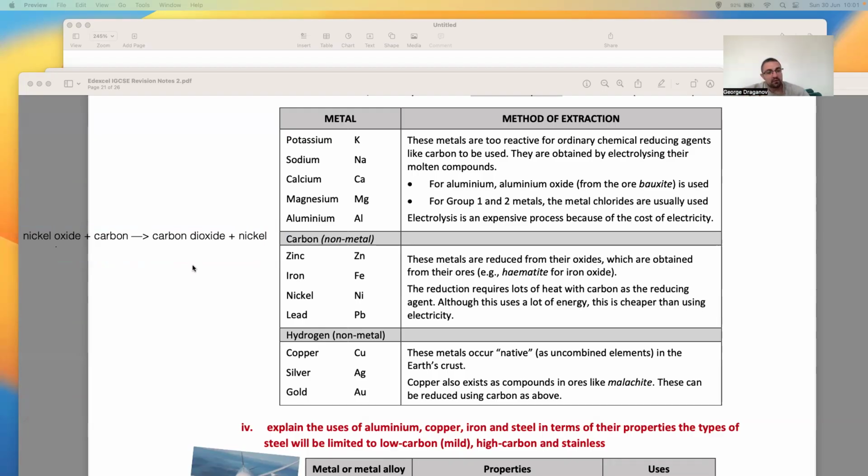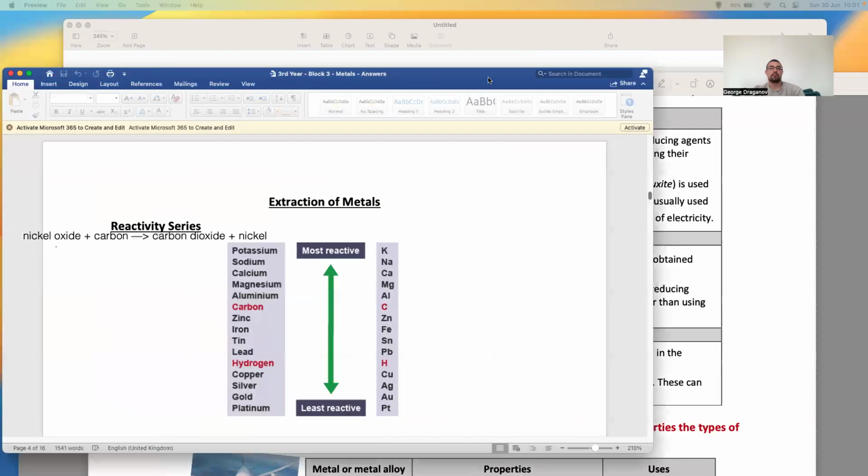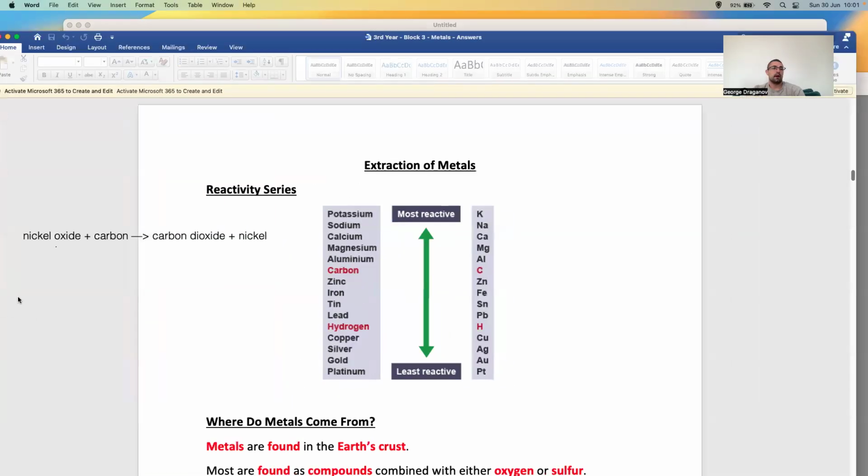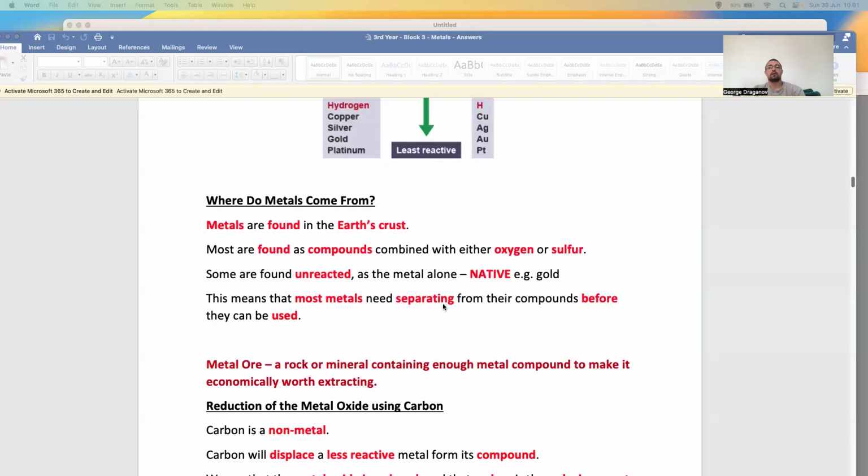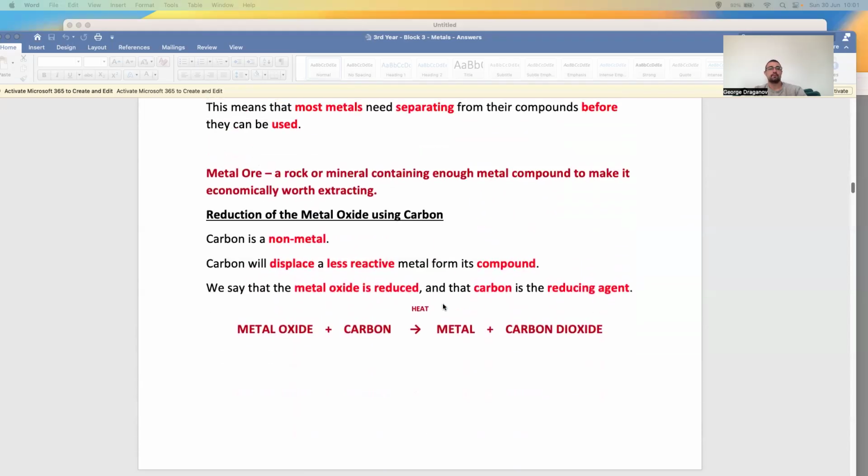Now, for the purpose of AQA people, and to give Edexcel people an interesting point, I'm going to show you one particular example of how you extract tungsten. AQA people, pay attention. Edexcel people, this is just very interesting.